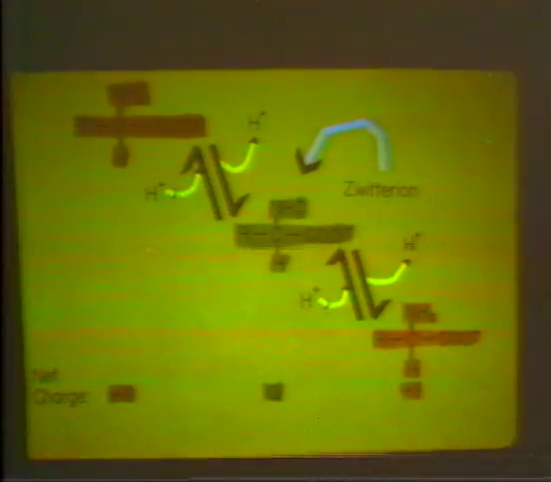The Zwitter ion is electrically neutral. It will not migrate in an electric field, and that's in contrast to the other forms which we see here. Now, if we were to expand the generalized formula of an amino acid to an acidic or basic amino acid, which has more ionizable groups, then the picture gets more complicated.